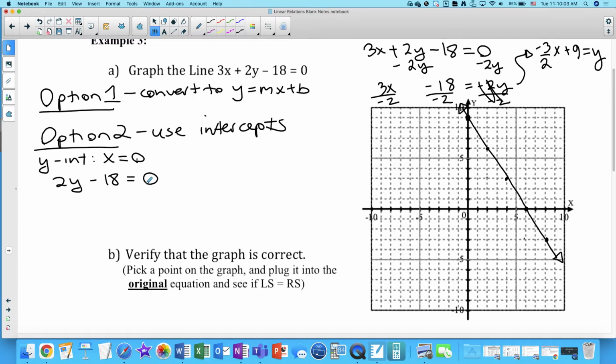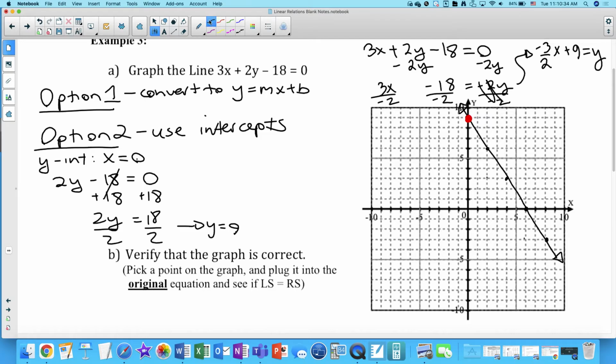You're thinking 2 times something minus 18 has to equal 0. What does that something have to be? 9, right? Because this part, 2y, has to equal 18. So you have 18 minus 18 equals 0, right? Of course, if you can't figure it out in your head, just use opposite operations. Add 18 to both sides, and we end up with 2y equals 18. Divide by 2, y is 9, okay? And then I'm going to plot that point.